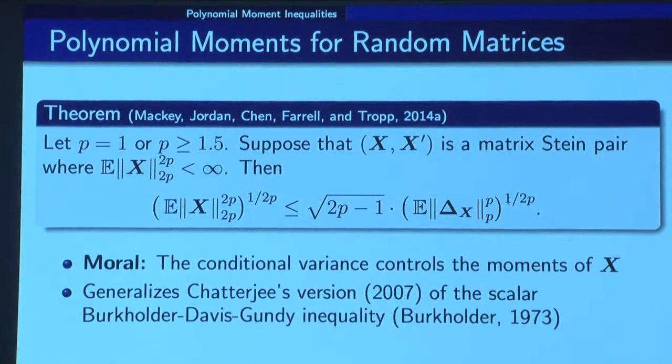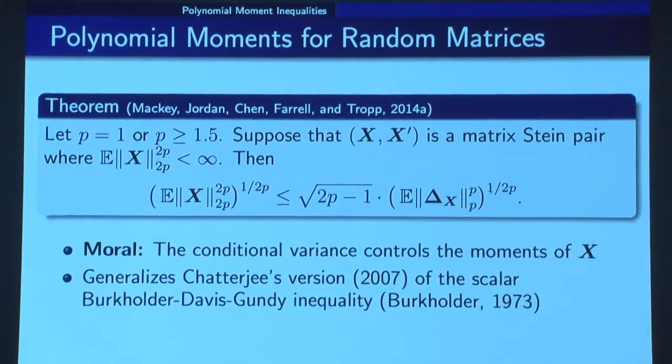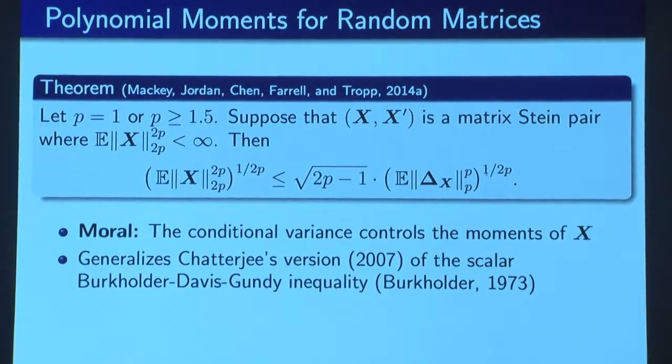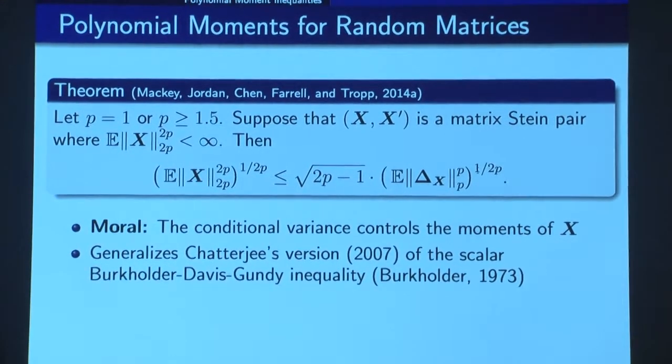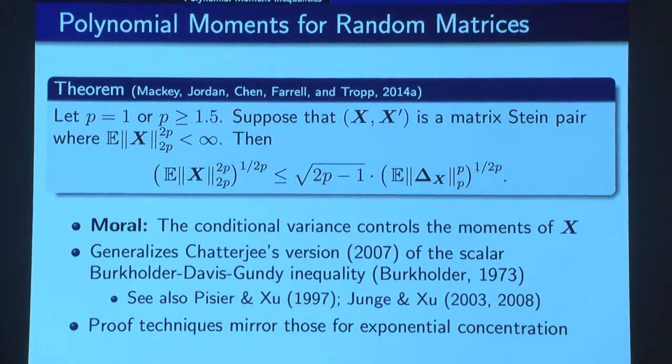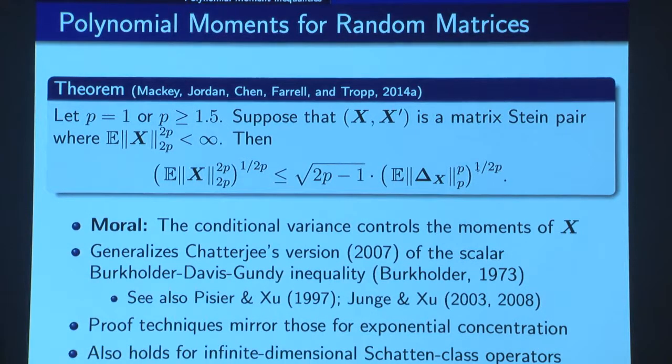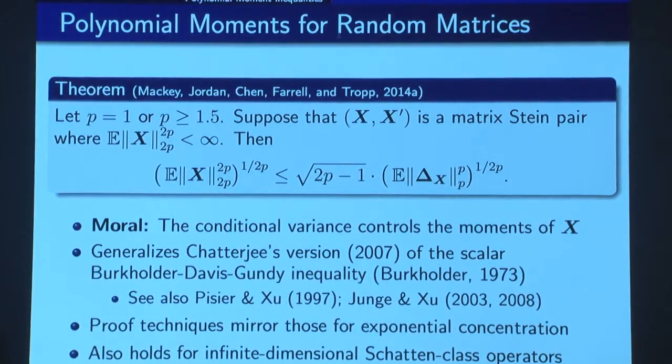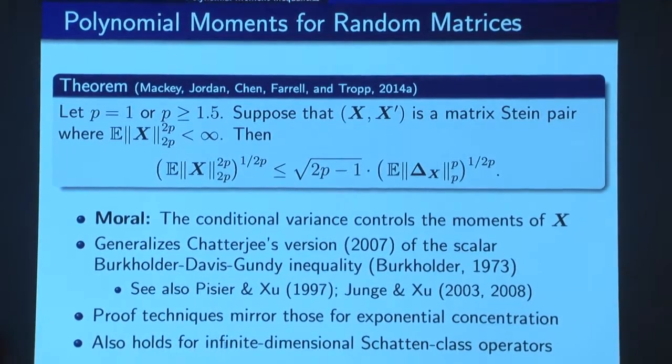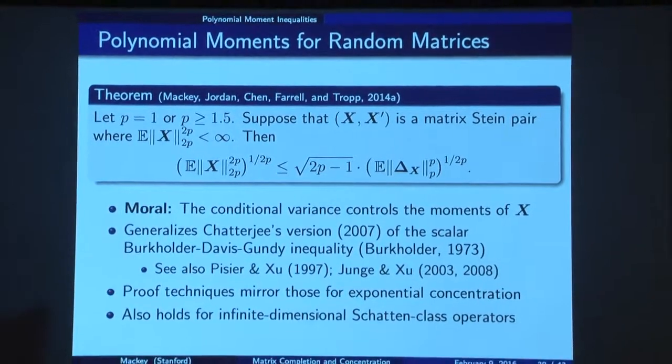So this generalizes Chatterjee's version of the scalar Burkholder-Davis-Gundy inequality. And the proof techniques are very similar to those for exponential concentration. One thing that you can derive from this sort of result, and I should just say at this point that while we've been considering matrices, these results also hold for infinite dimensional operators.